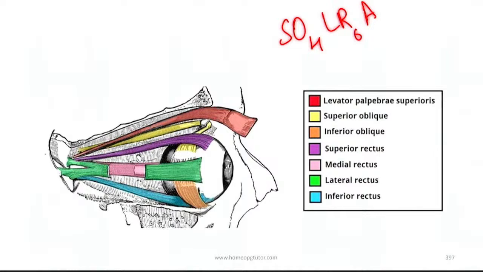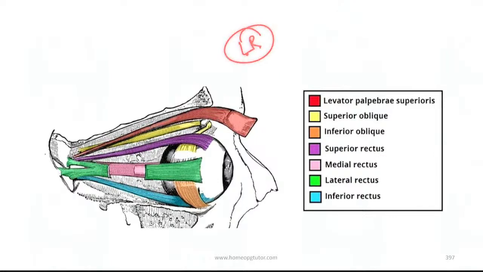SO4, LR6 and A3. SO4 means superior oblique is supplied by the fourth cranial nerve. LR6 means lateral rectus is supplied by the sixth cranial nerve. And all the others, that is inferior oblique, superior rectus, medial rectus and inferior rectus, are via the third cranial nerve.